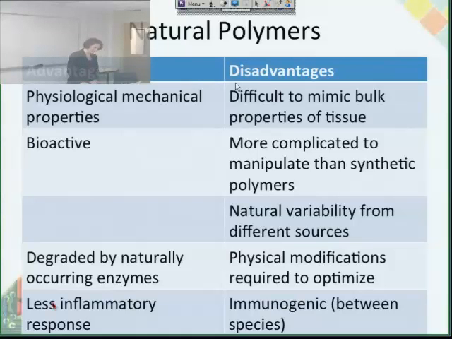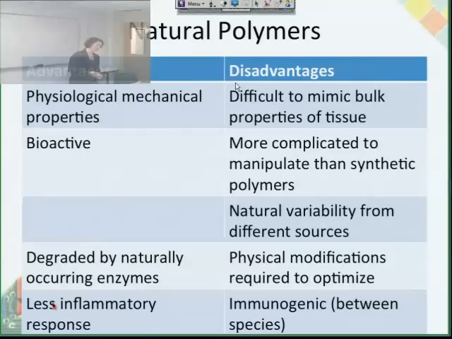A nice advantage is that it's degraded by naturally occurring enzymes and typically metabolized into safe and natural byproducts. And that's nice because a lot of goals in biomaterials and tissue engineering are trying to get the body to regenerate tissue that it otherwise would not. So that's nice that it could be slowly replaced by healthy and regrowing tissue.